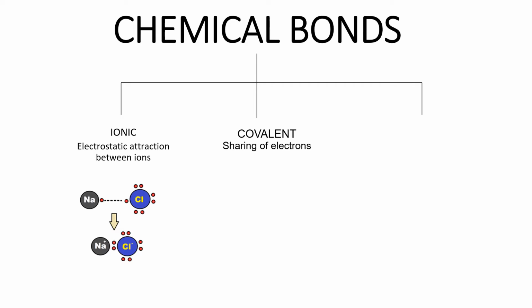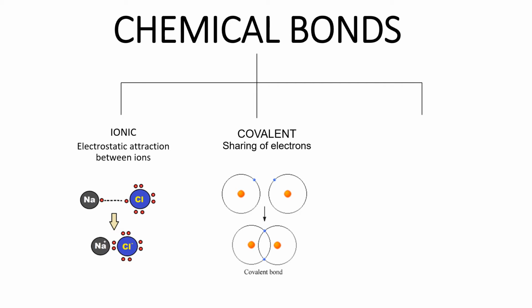The next type of chemical bond is the covalent bond. It is different from ionic bonds because in a covalent bond, electrons are not removed and attracted. Instead, the two atoms share electrons.